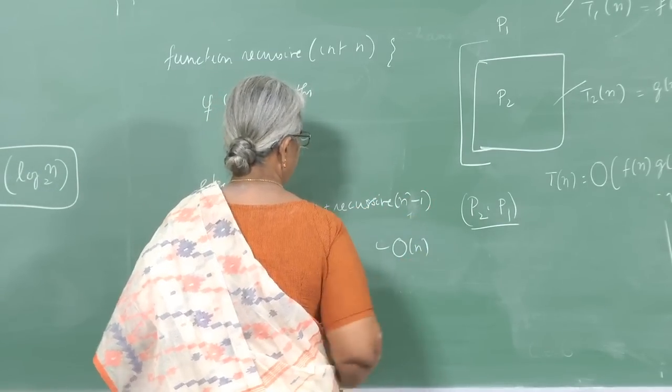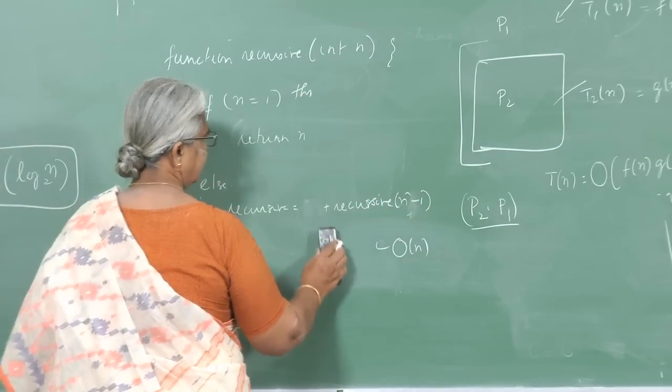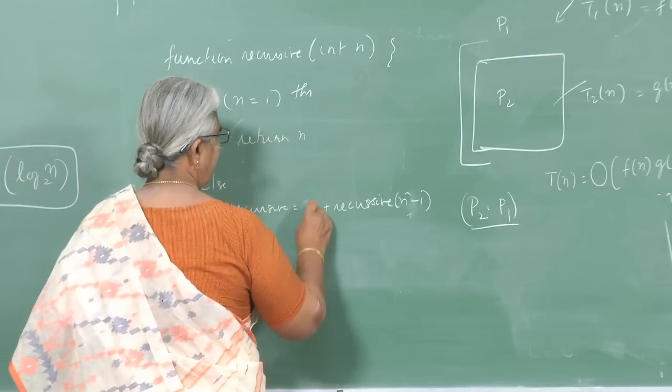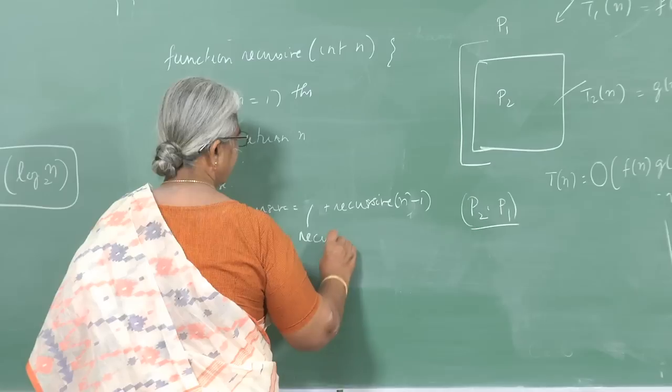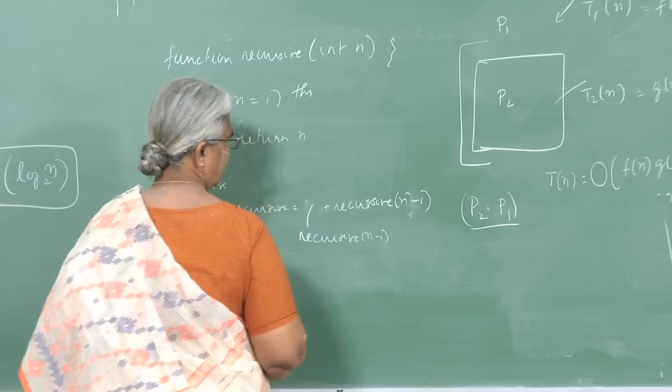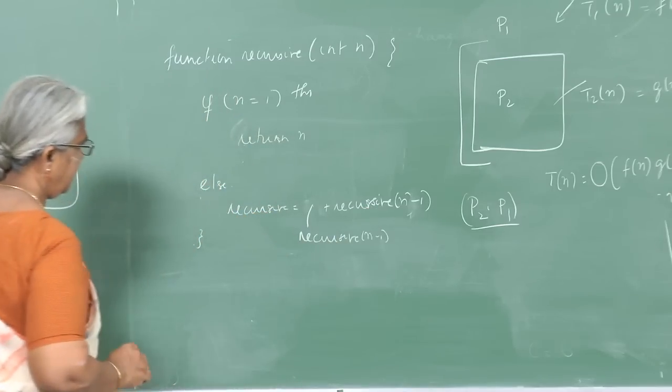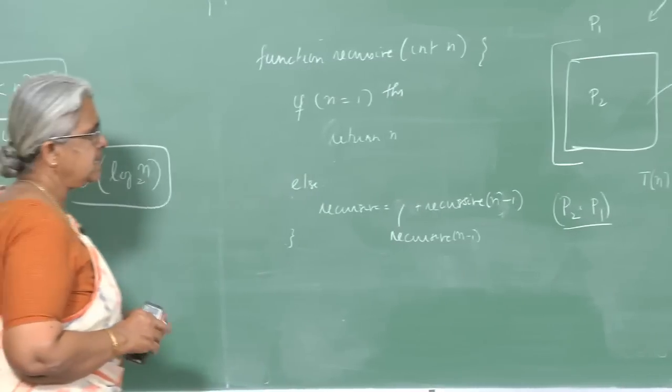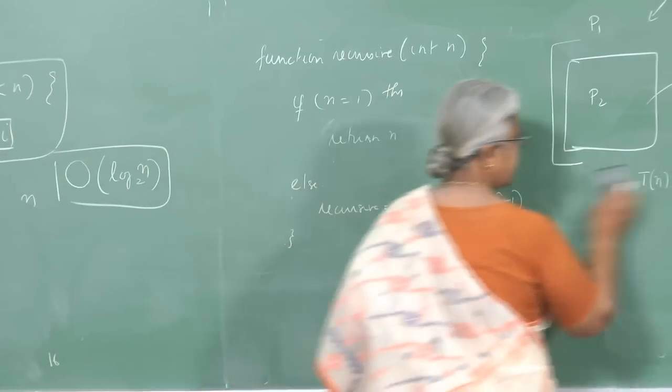Now, suppose I replace this n here and make this recursive of n minus 1. What will happen to this program? Okay, let us see what will happen. The best way to analyze this is to draw what is called a recursion tree.